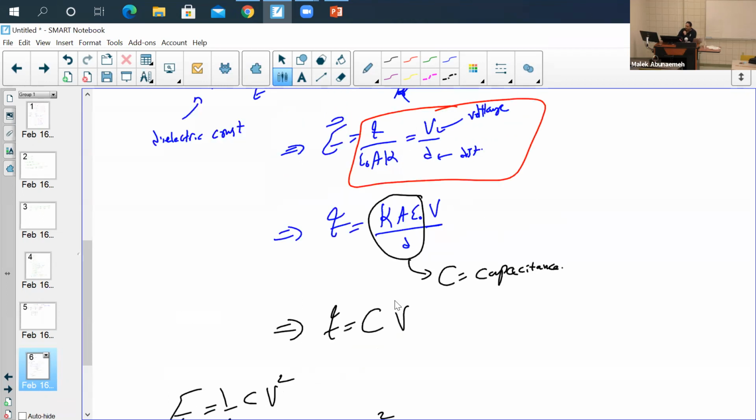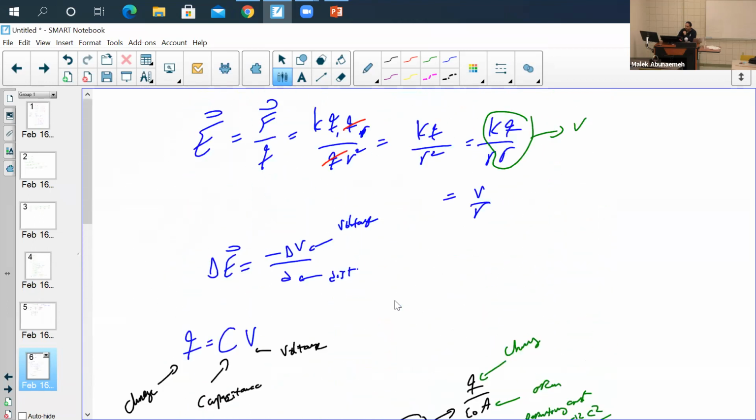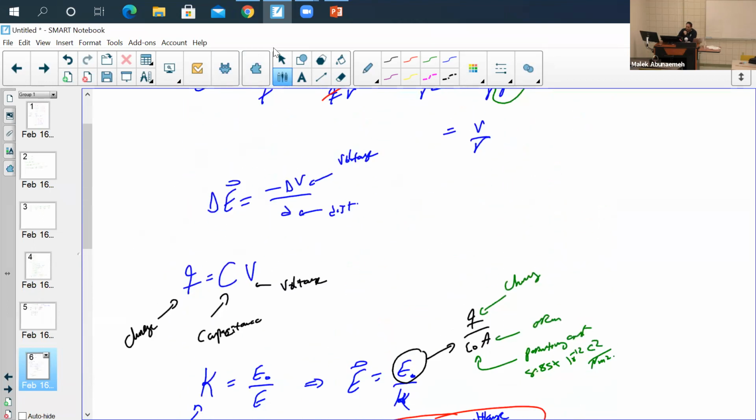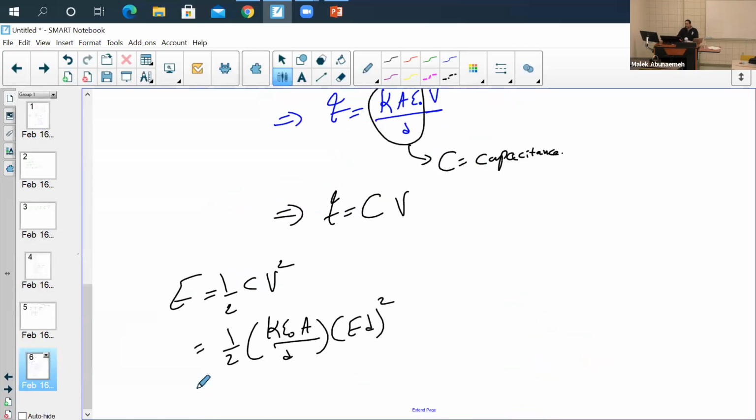Now, we defined the voltage earlier. Your energy is 1/2 kappa epsilon naught, your area divided by distance, multiplied by E d squared.